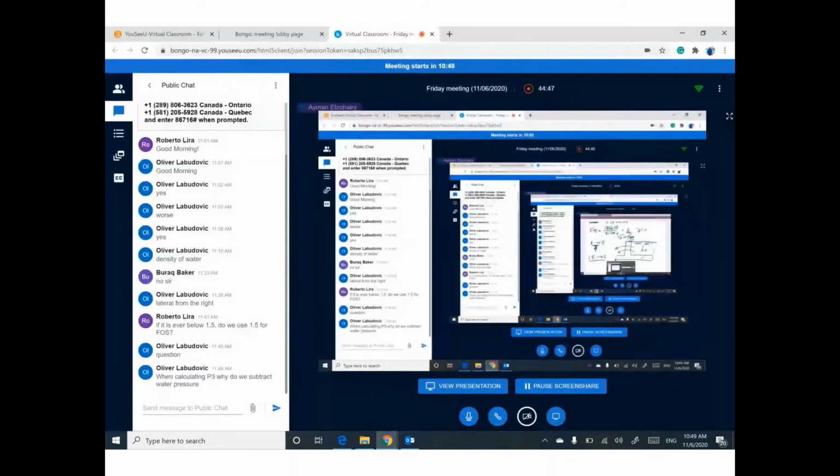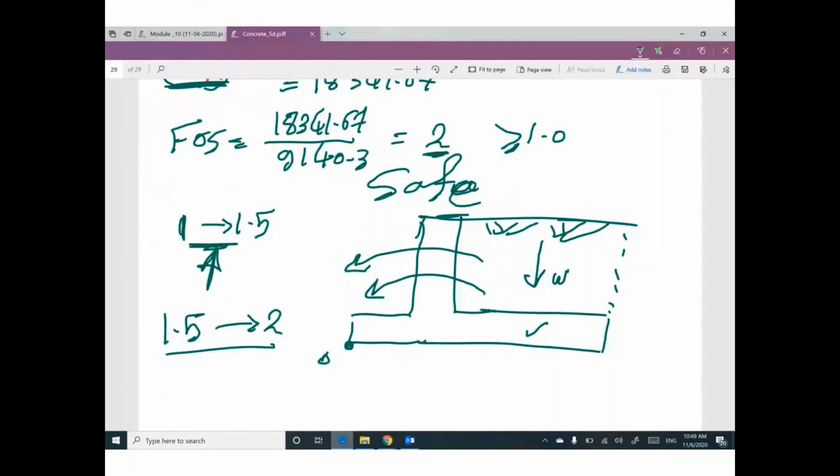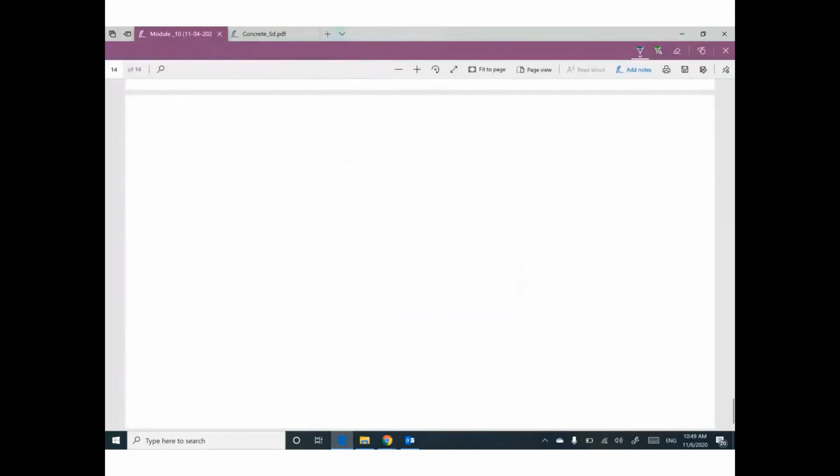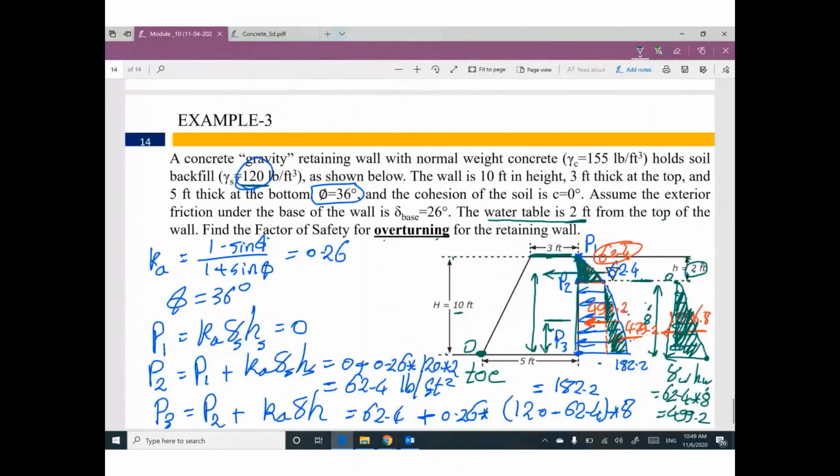A good question. Why did I subtract gamma water? Because you already take water separately. If you didn't subtract gamma water from here, that means you doubled the effect of water, and that doesn't make sense.